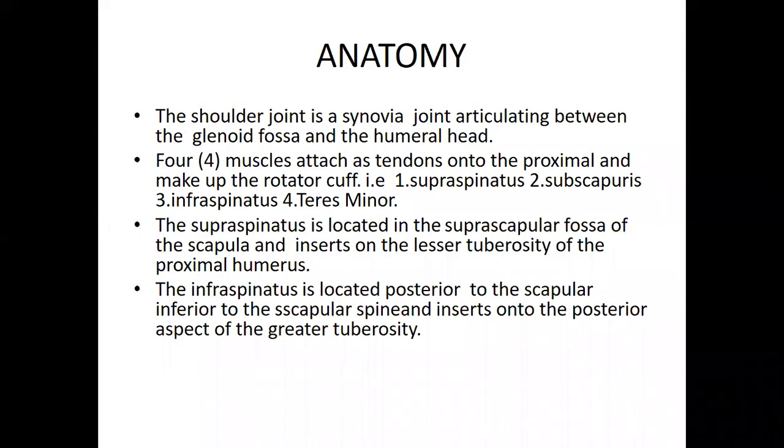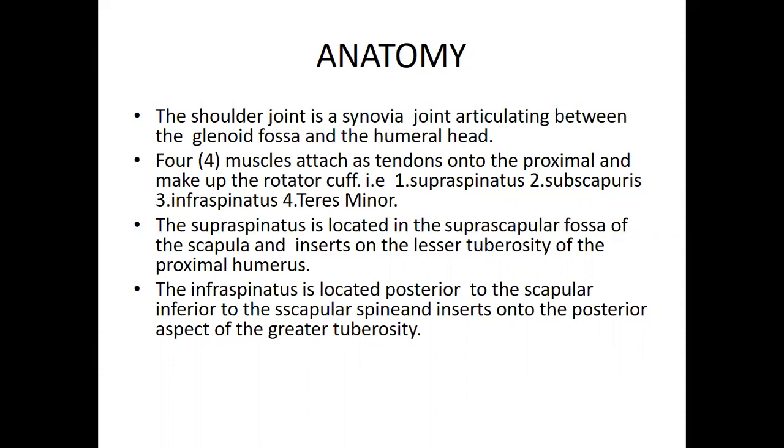We all know about the shoulder anatomy, but I'll briefly talk about it so that we can remind each other exactly what we are supposed to look at, and just to recap what we already know. The shoulder joint is a synovial joint formed between the scapula and the proximal portion of the humerus.